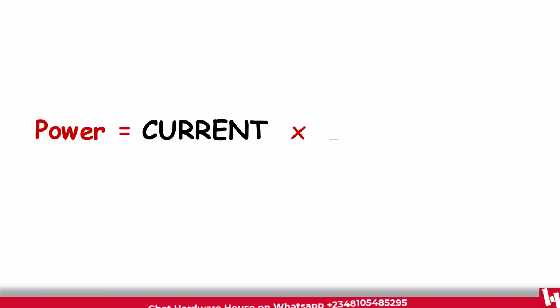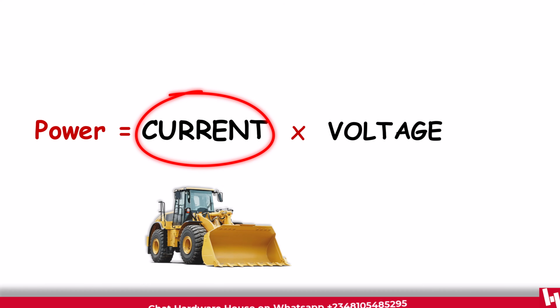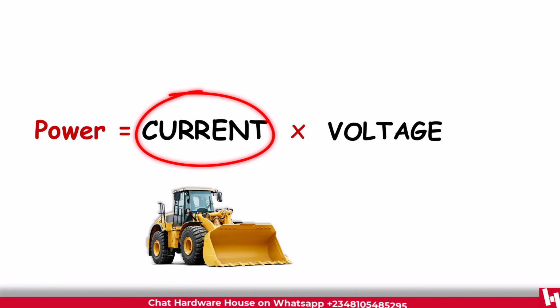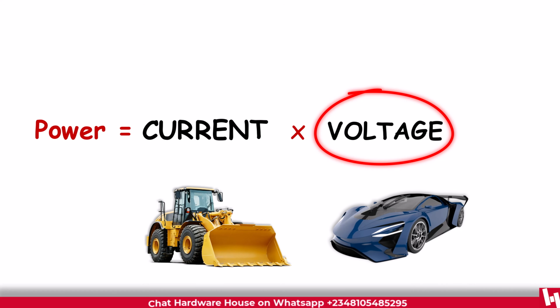We said earlier that electrical power, which is P, is equal to current times voltage. Current functions the same way as torque or the turning force because it determines how much load electrical power can carry. Voltage, on the other hand, is like speed. It determines how fast the current is flowing.